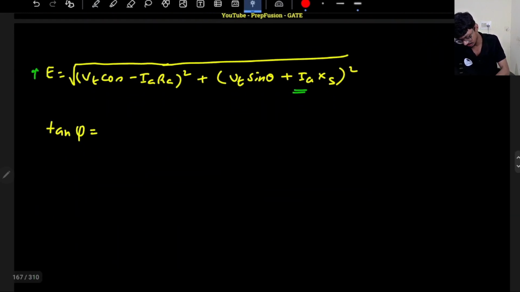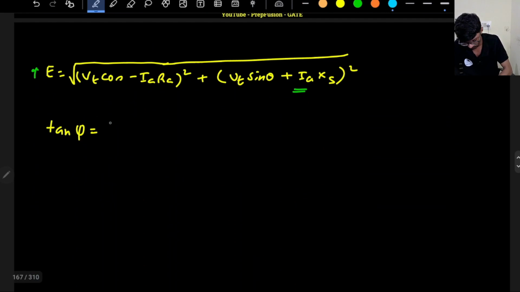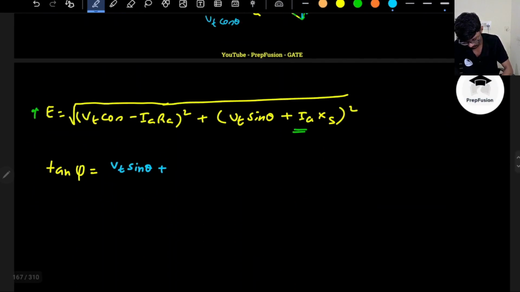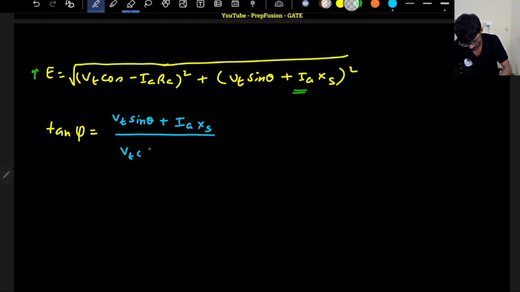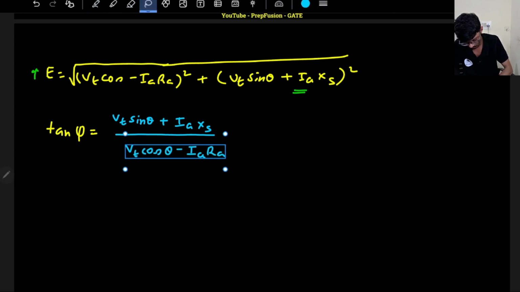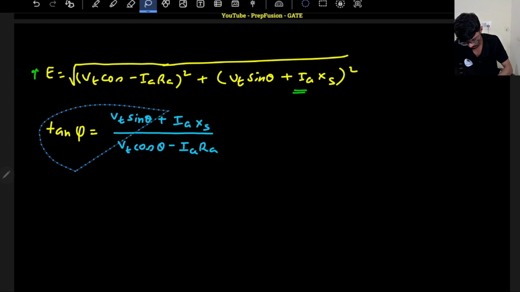So it will be Vt sin theta plus IXS, divided by Vt cos theta minus IRA.